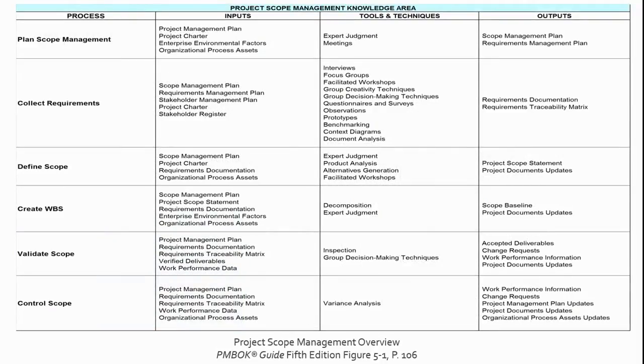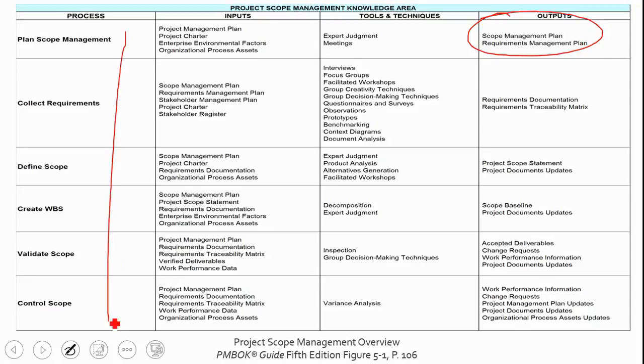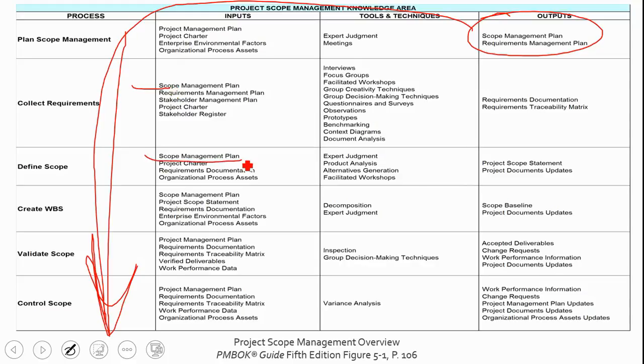Let's zero in on these ITTOs. Plan scope management. Again, you get these two plans that govern how you're going to do everything else. These plans govern all of these because we see the scope management plan and requirements management plan as an input.